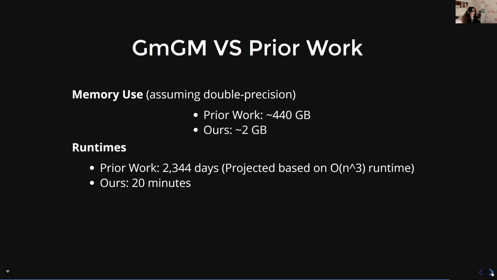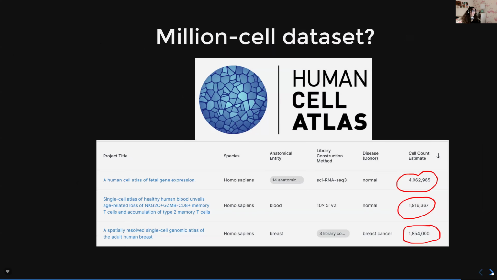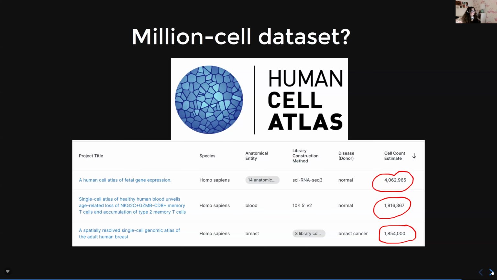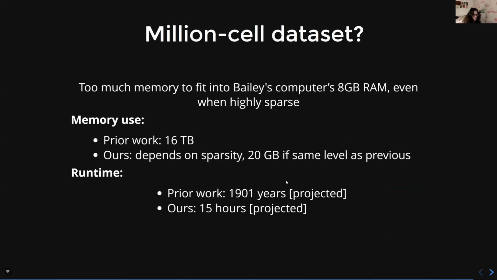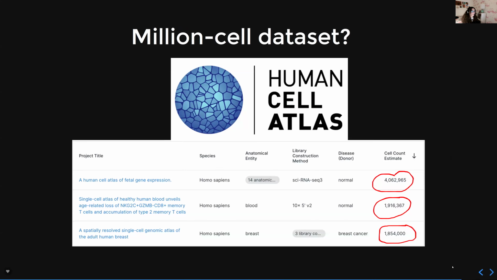Okay. Now, why is this slide here? Sorry, that wasn't supposed to be there, but anyway. Million cells data sets. I guess I put it there just to reconnect to the fact that we have to keep in mind that we have millions of cells data sets.